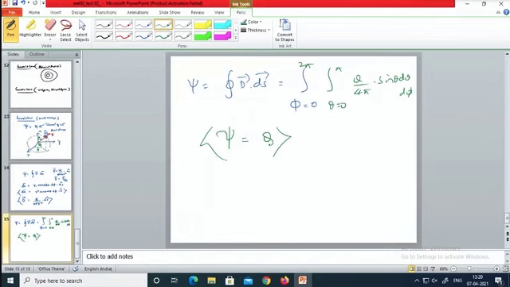So you will have to observe that for any symmetrical charge distribution, Gauss law is applicable. How to perform this?